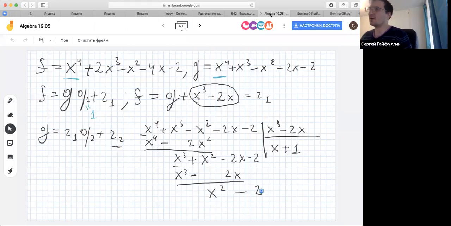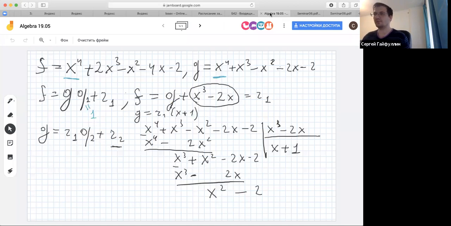Okay, so I will write it here, that g equals R1 multiplied by x plus 1. Here it is.